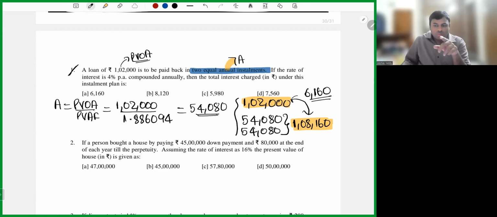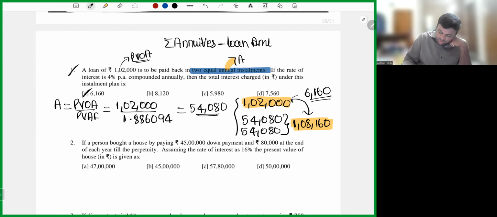This extra that you paid, 6,160, is itself your interest. Now, whenever he's asking how much interest will be paid, how will you calculate? You'll do sum of annuities minus loan amount. Sum of annuities minus loan amount will simply be interest paid.